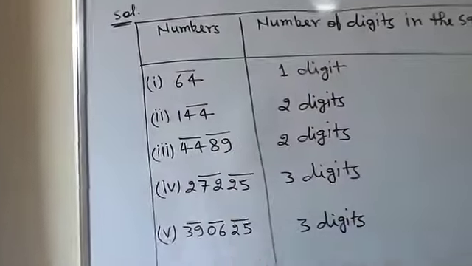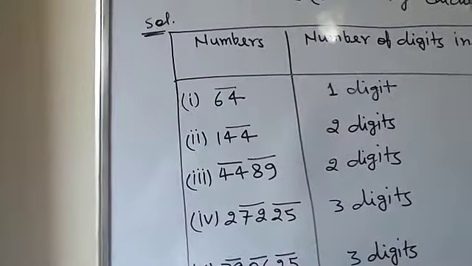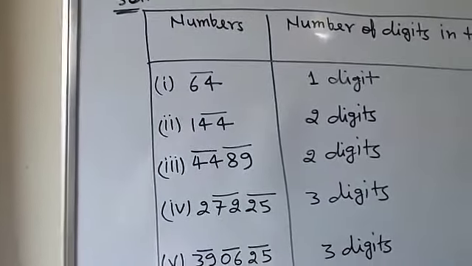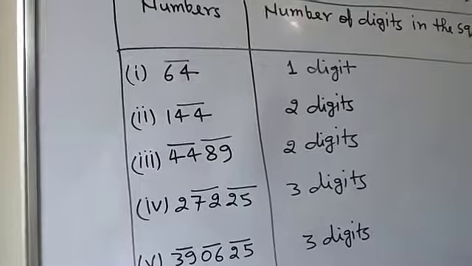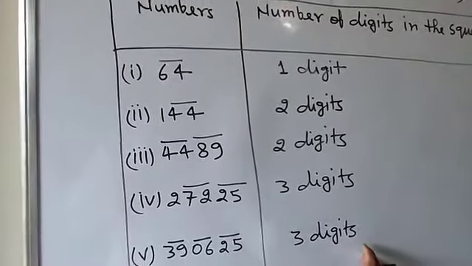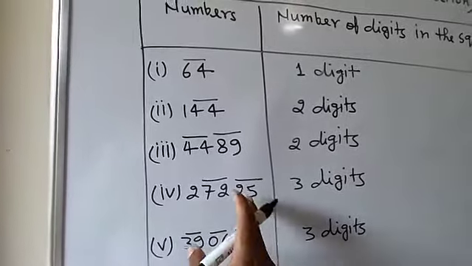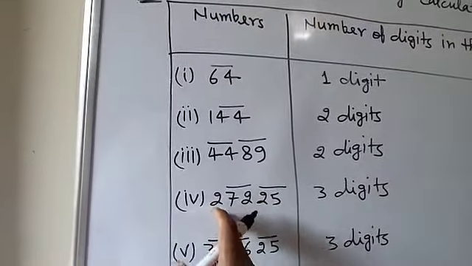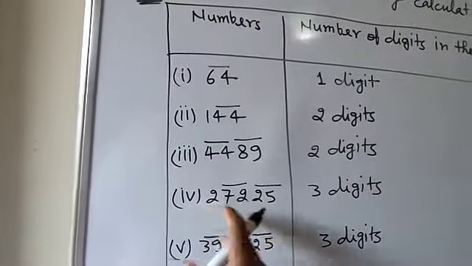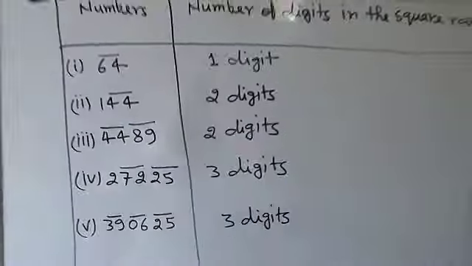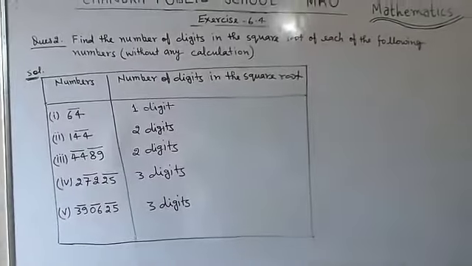So this is the way: you are not going to find the exact square root, only the number of digits in the square root. You need to make the pairing from the right side, count the pairs, and if a number is unpaired, that will also be counted. By this way you will find the number of digits in the square root of any number.